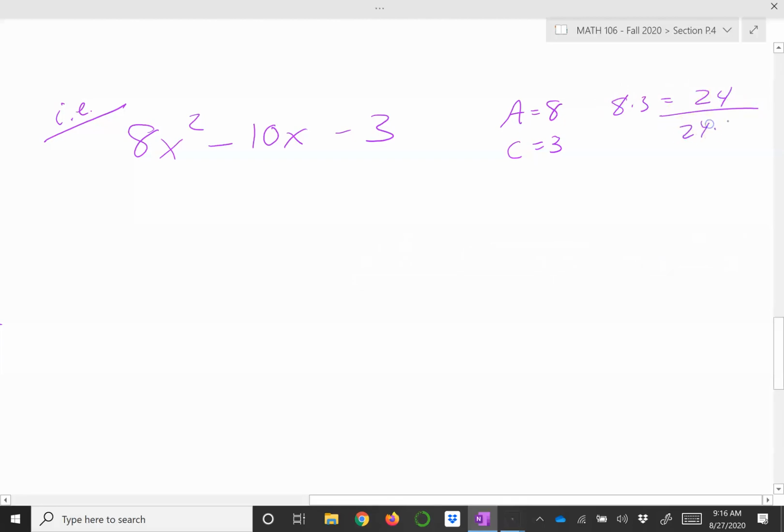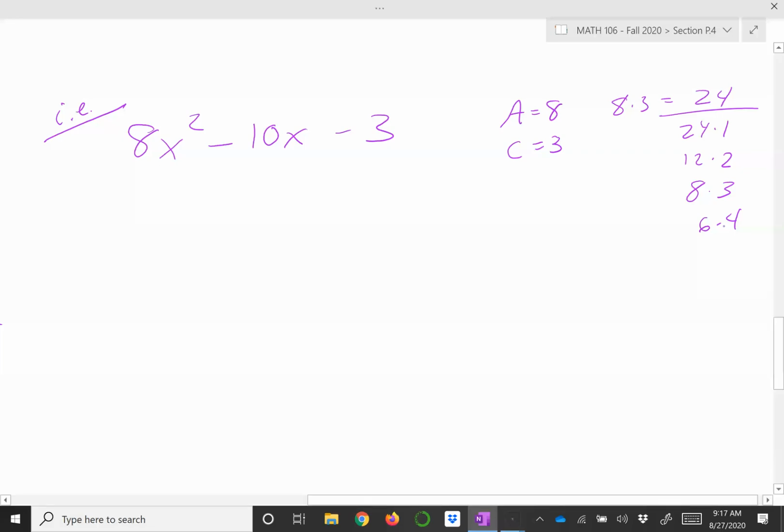We have 24 and 1, 12 and 2. There's a lot of them. 8 and 3, 6 and 4. Is that it? That's it. Oh, this is a good one. Which factor or factors can give you a 10x?